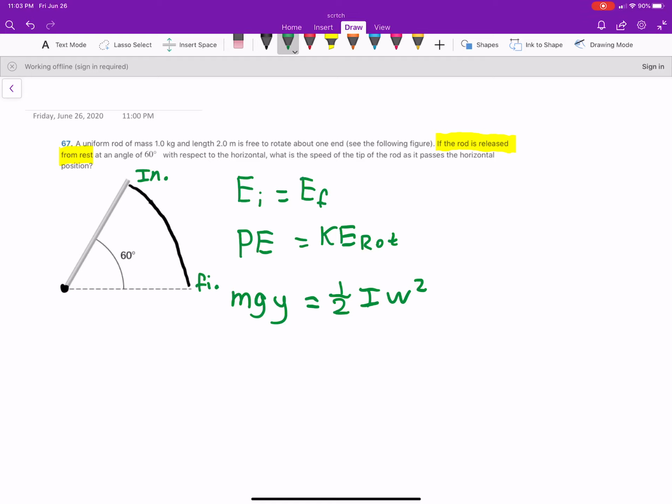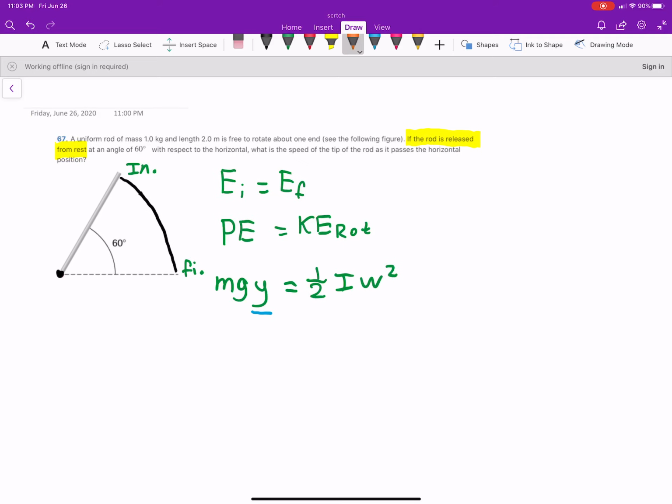Okay. Well, what is y? What y really means is the height of the center of mass of this rod. So it's not like we have a point here. We're really interested in the center, maybe like there. That's the height we really want.